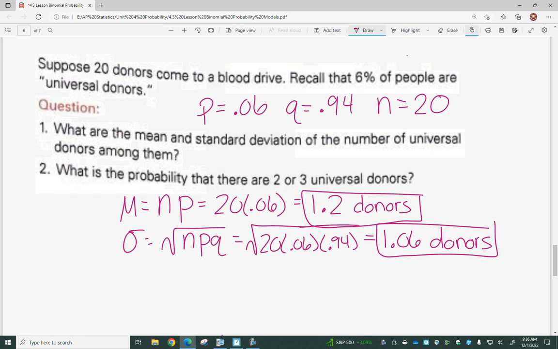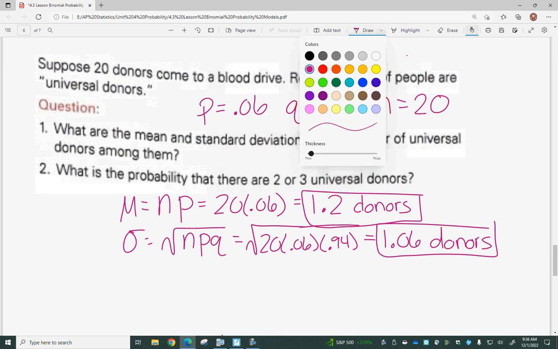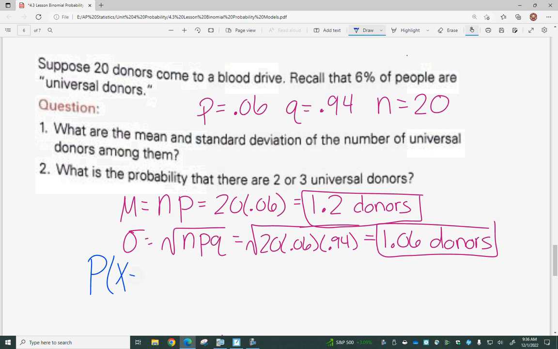And so now we want to find the probability of having 2 or 3 out of 20. So again, we can find the probability of each of those, and we can add them together.